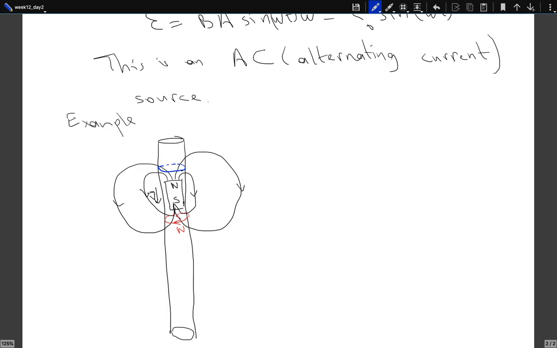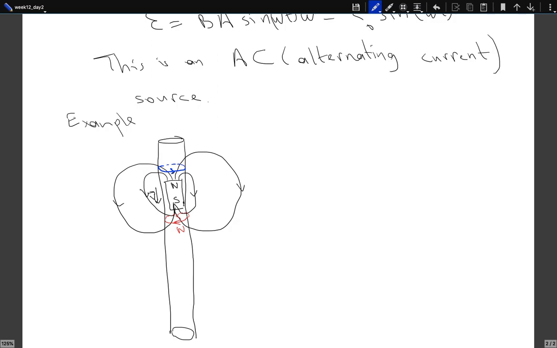So if I choose the area vector to be upward, the flux is positive. And it is decreasing because the magnet is going away. The magnitude of B is decreasing. So we have a positive flux which is decreasing. So the induced current should be such that it tries to increase the flux. That means it should create a magnetic field in the upward direction, for which the current should be in the opposite direction to the lower one.